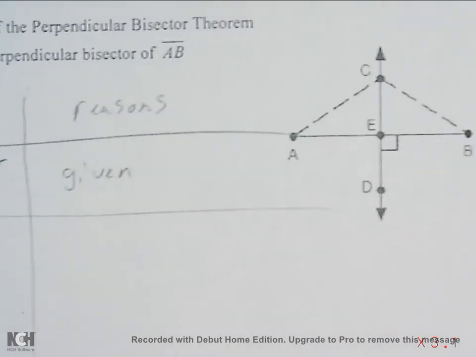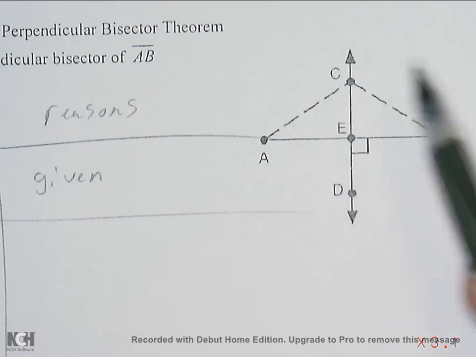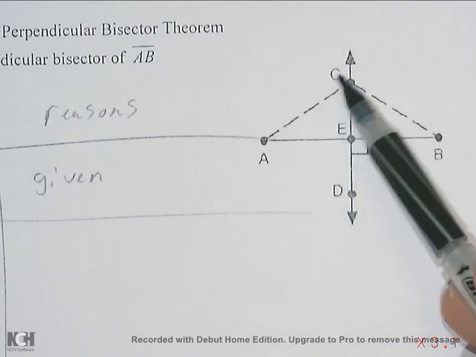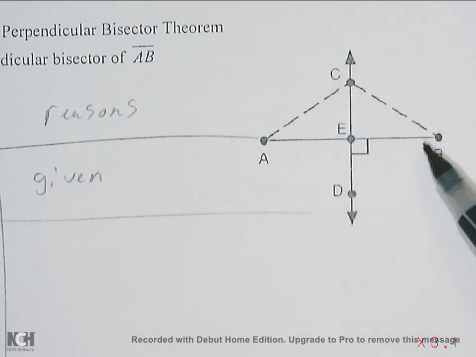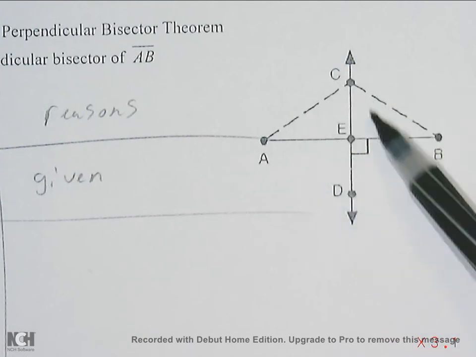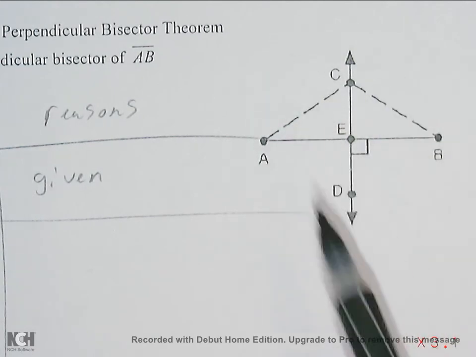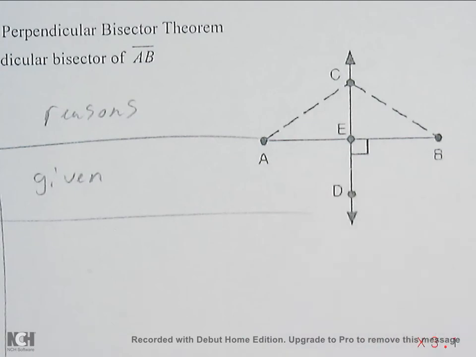So looking at this, probably the easiest way to prove this, because you'll notice I'm trying to prove this line is equal to this line, right? If I can prove these are congruent triangles, that means all the sides would have to be the same, right? So that's probably the process I'm going to go. I'm going to try to prove congruent triangles. And remember, there's 4 theorems.